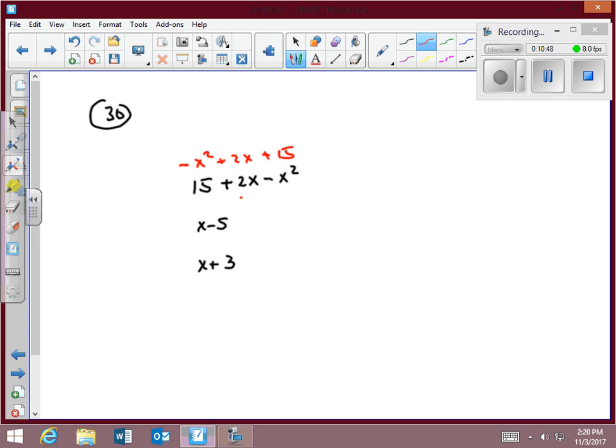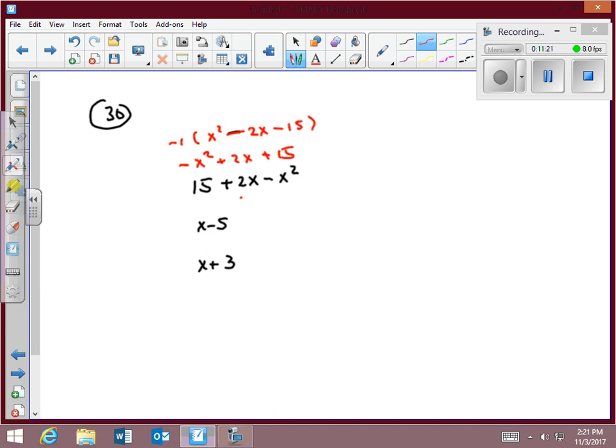Now then, how am I going to get the leading term positive? A negative sign out, right? So I can factor a minus 1 out, and now you have an x squared minus 2x minus 15, right?